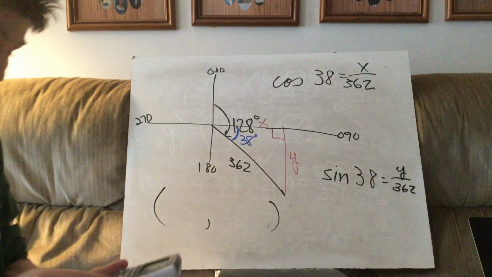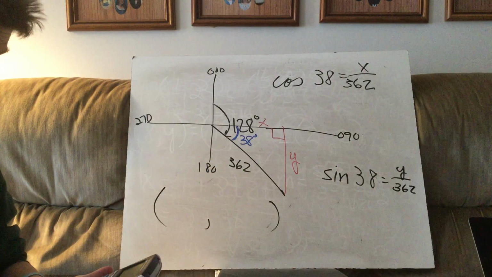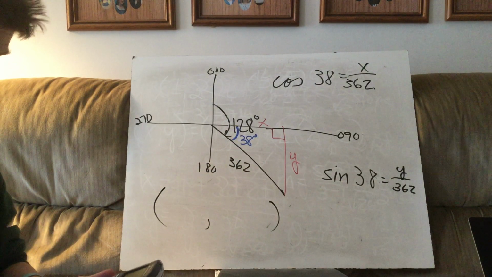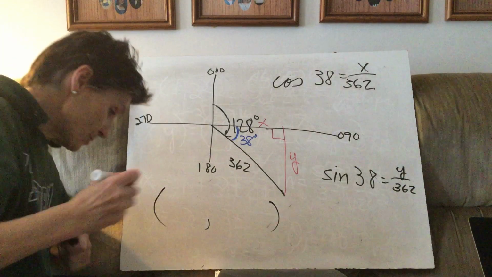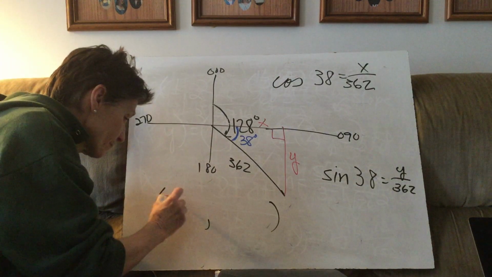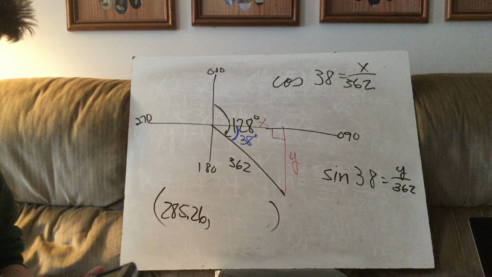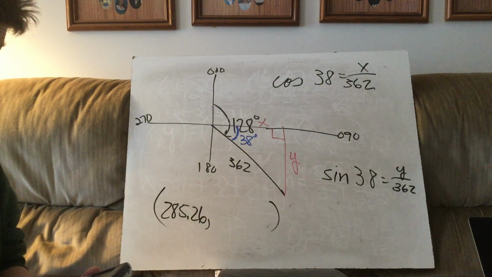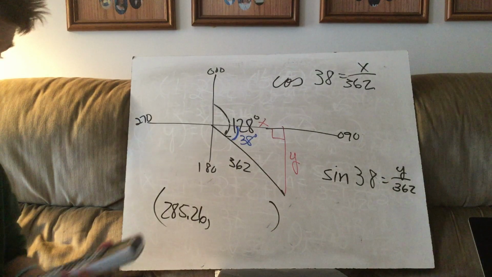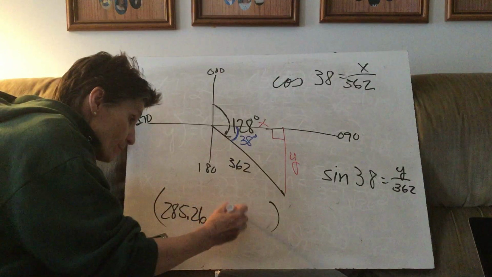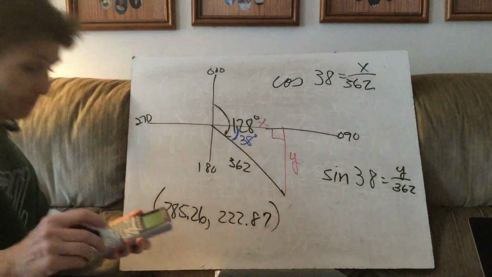So then we'll take 362 times cosine 38 and 285.26. And then 362 times sine 38, 222.87.